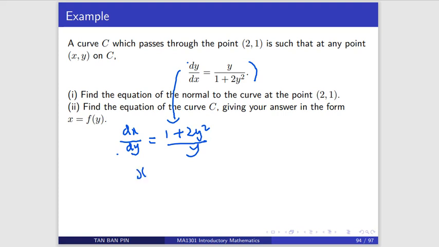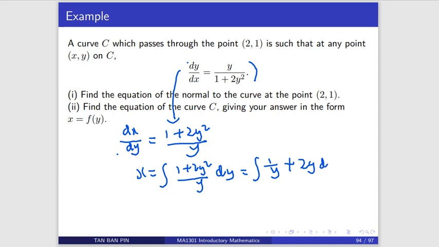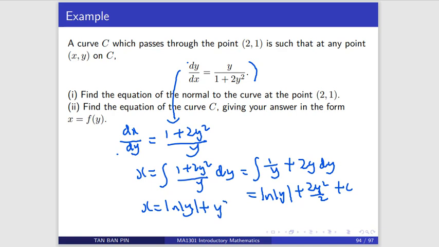So with that, you can say x is the integral of (1 plus 2y squared) over y dy, which is actually the same as integrating 1 over y plus 2y dy. So it gives you ln|y| plus 2y squared over 2 plus c. So it means x is ln|y| plus y squared plus c.